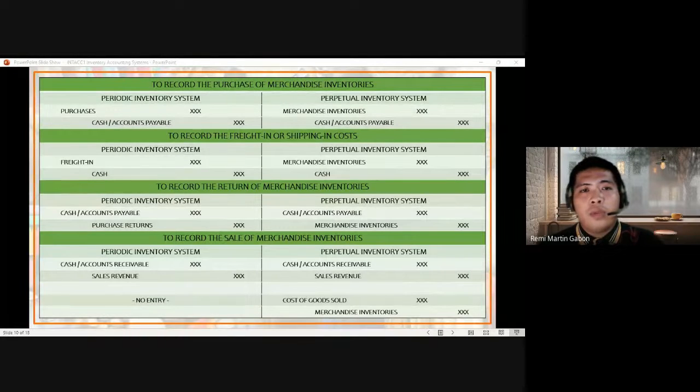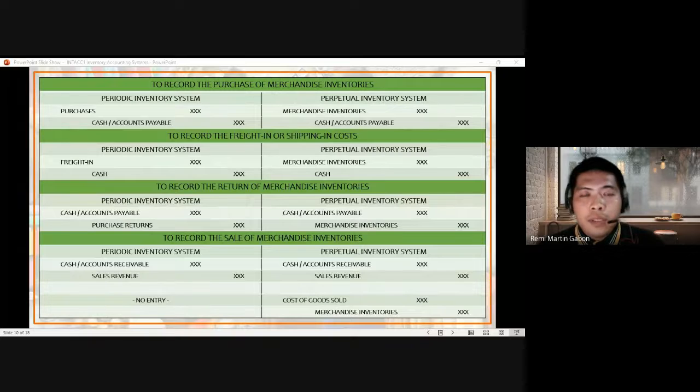Parang, ano, meron shortcut sa process. Hindi na dumadaan sa mga special journals. Diretso na agad sa inventory account. Then to record the return of merchandise purchased, nakalimutan ko lagyan ng purchased. Yan. Under periodic inventory system, it is credited to purchase return. The same debits, pero yung kay periodic system, purchase return and credit.